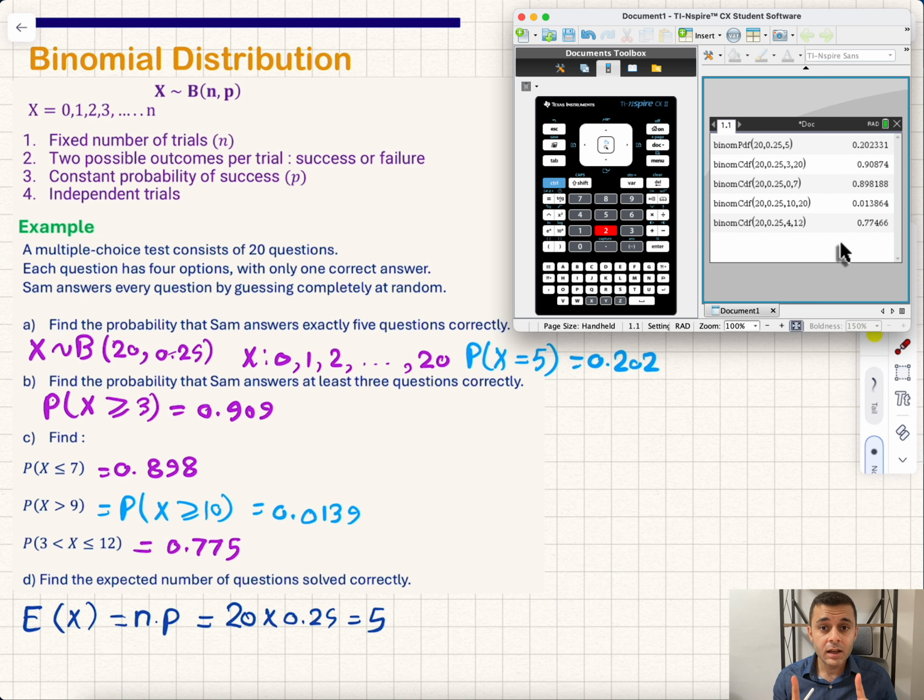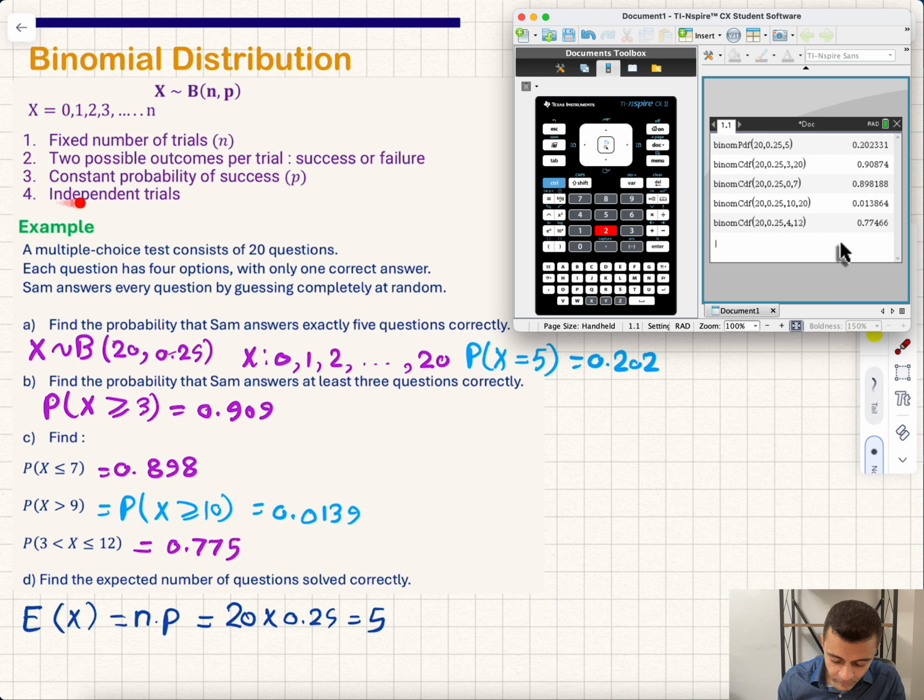In this case, the binomial distribution will not be valid if each question has its own probability. Like, this question is easy, so it has a higher probability of success. No, this is not valid. That's why here we said guesses the questions completely at random, so that all of the questions have the same probability of being done correctly, 0.25.